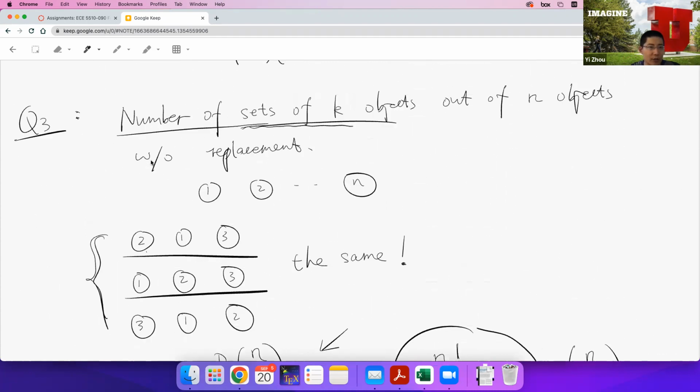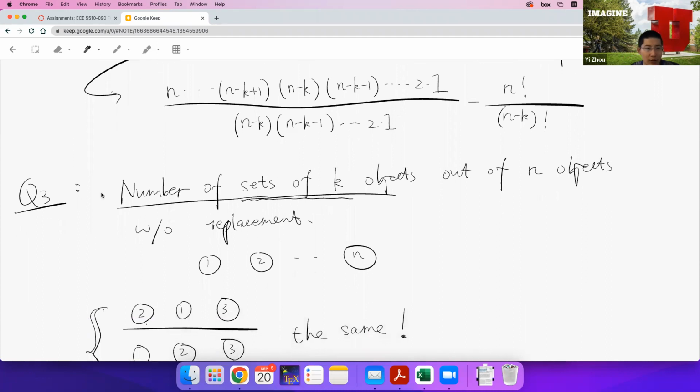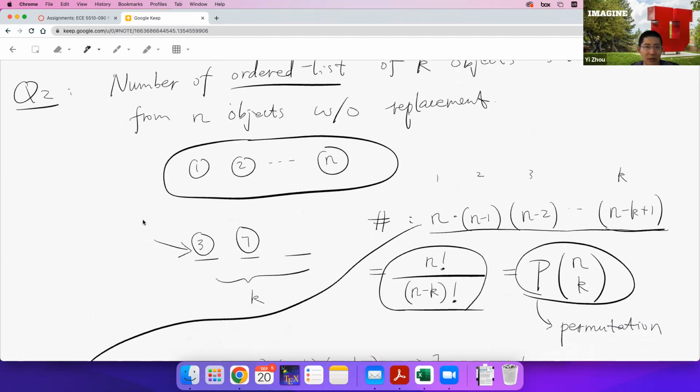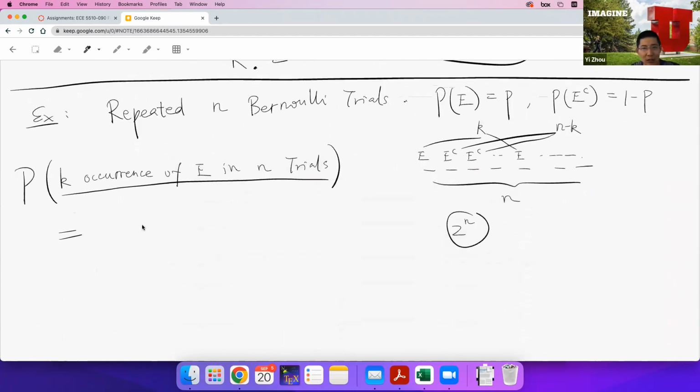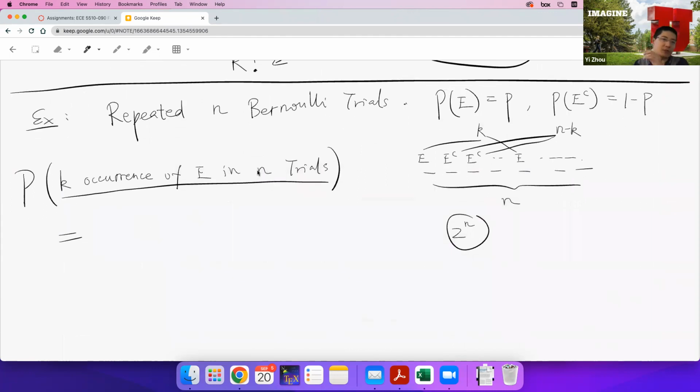So shall we consider Q3 or Q2? Well, from the statement, we only care about the number of occurrence of E. We don't care about where they are, right? So as long as these N positions have K number of E's, then we are good. So we simply use choosing K from N. Right?